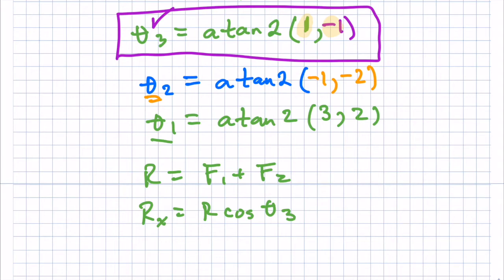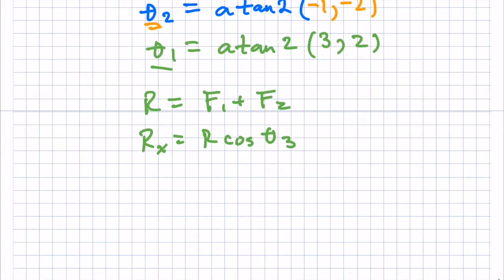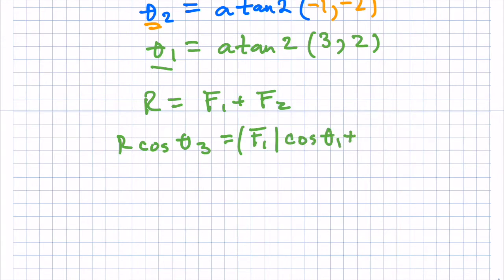Let's write the full equation. R cosine theta 3 is going to be F1 cosine theta 1 plus F2 cosine theta 2.